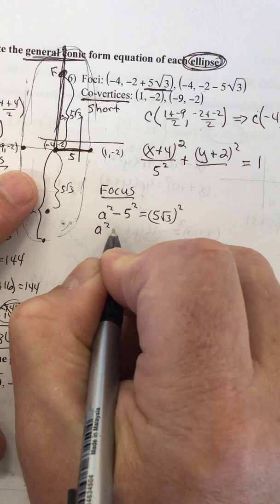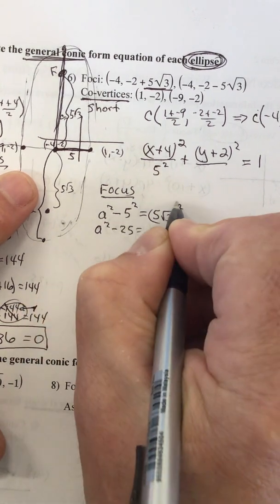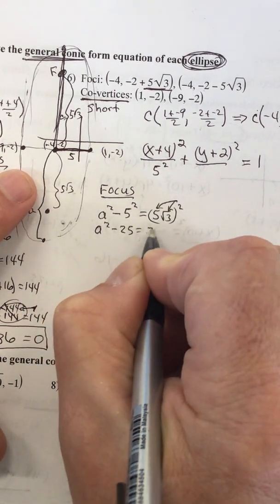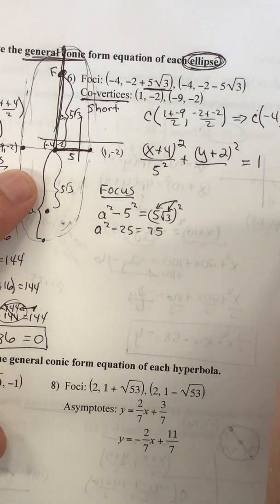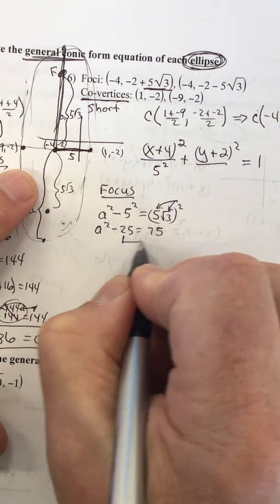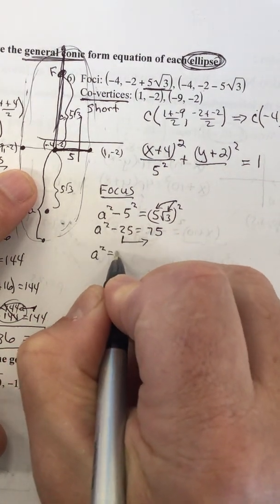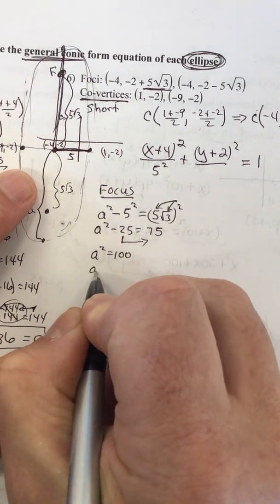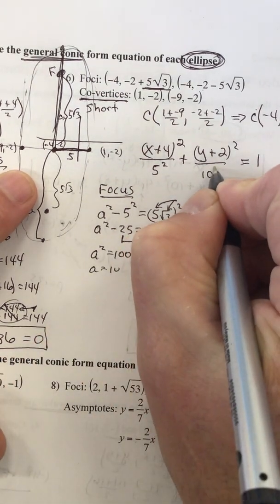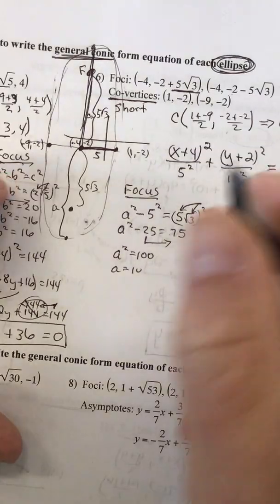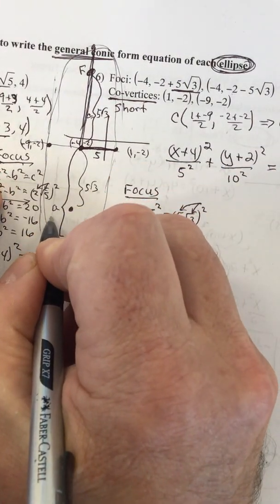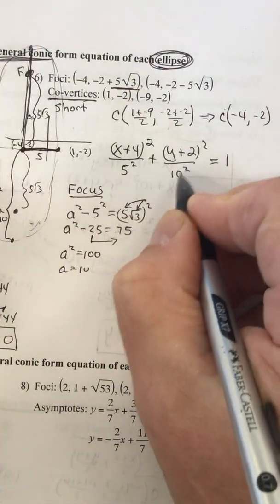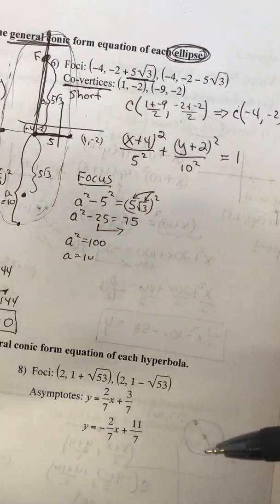So I have A squared minus 25 equals, so that's 25 times 3. Add the 25, so I have A squared equals 100, so A is 10. So this distance right here must be 10. So it goes right there. That's the y distance. That's what the focus formula is for.